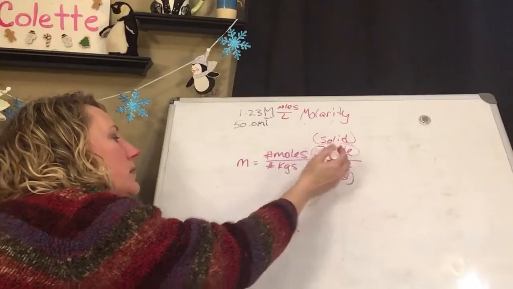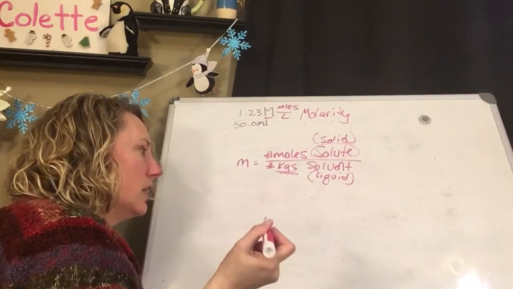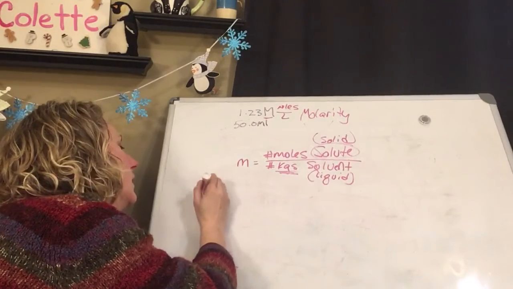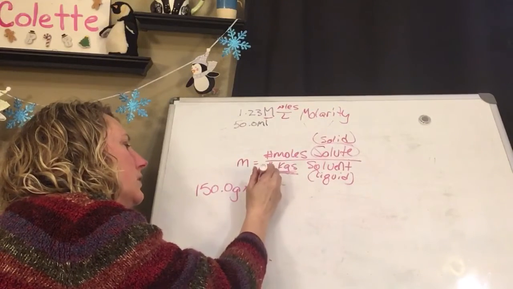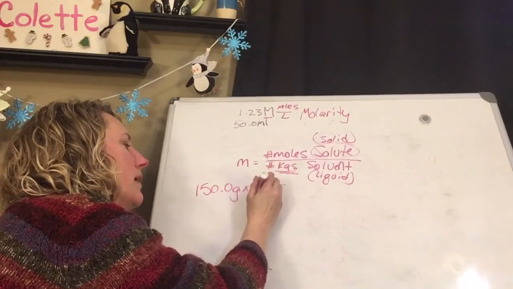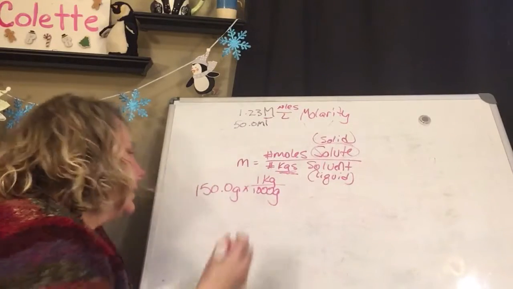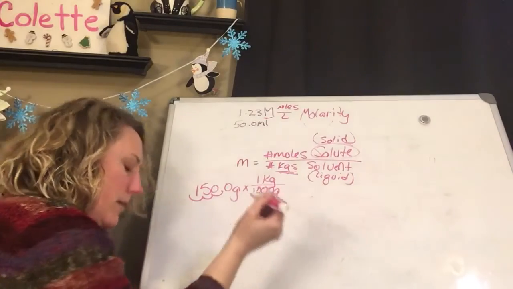Well, remember, that's moles of solute per kilograms of solvent, so you're going to have to convert your 150 grams to kilograms. In 1 kilogram, I have 1,000 grams. So I can just remember to move my decimal place over 3 places when I'm dividing by 1,000.